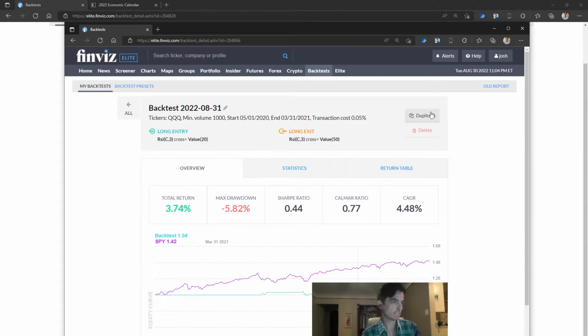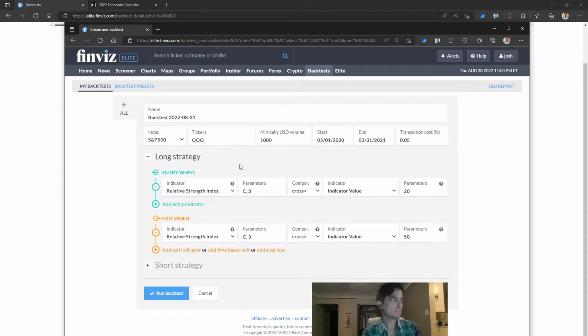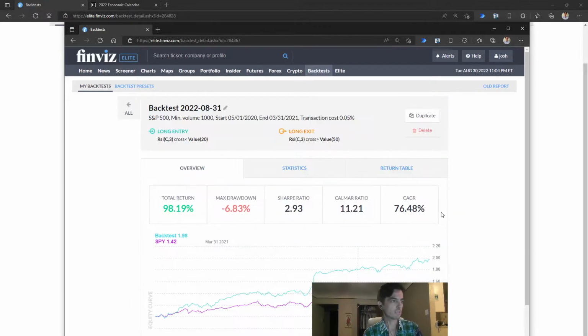Yeah, that doesn't make any sense. I think it's because these numbers are geared towards an index, not towards a single stock. So they don't really make sense for that. But the SPY is an ETF. So, whatever.